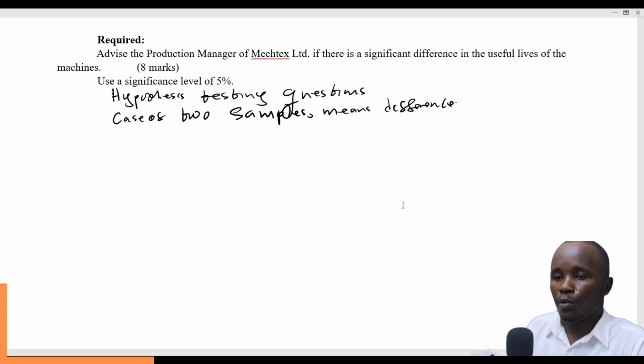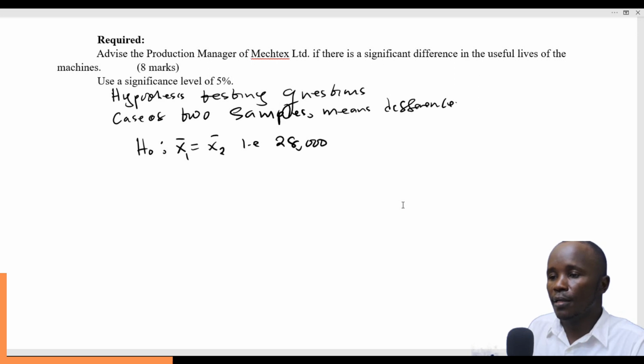The first one, we are assuming that the means are the same. There is no difference. So we say that H naught: mu 1 is equal to mu 2. In this case, we are assuming they have no difference, that means 28,000 should be the same as 30,000.